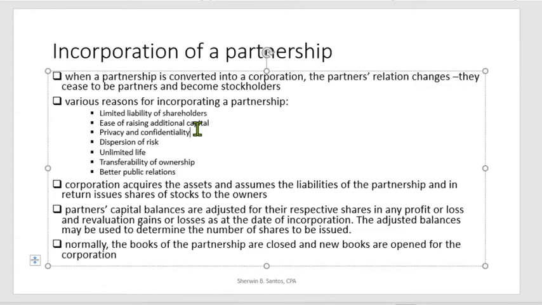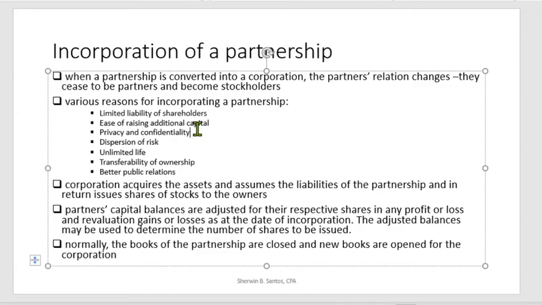Unlimited life, because the corporation can operate until 50 years of operation subject to extension. It is considered having an unlimited life, unlike sa partnership that is relatively easy to form but relatively easy to dissolve then.